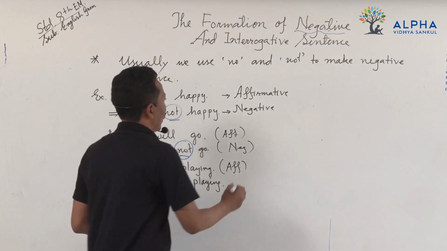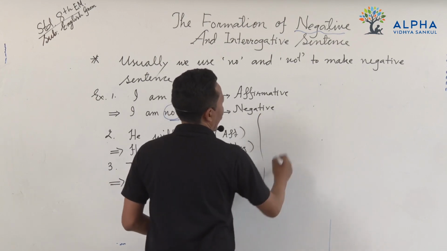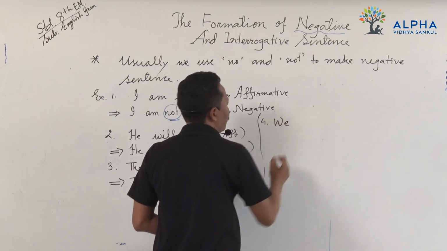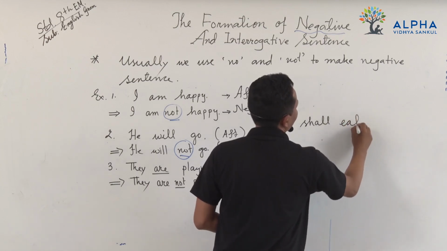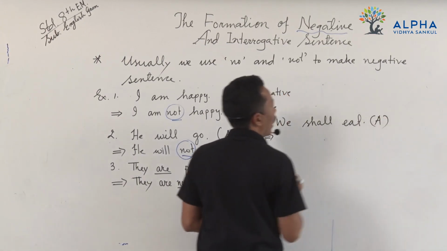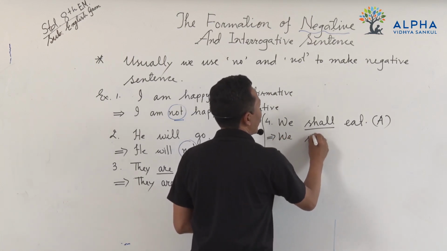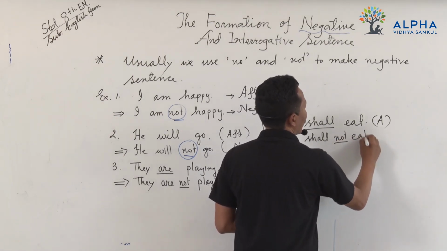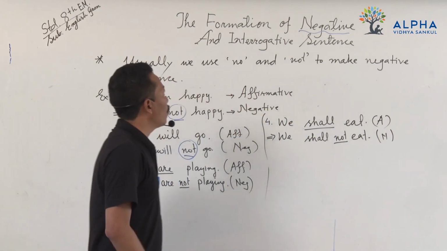And this is the negative sentence. And we can do many examples like this. This is number 4: We sell it. This is affirmative. And the auxiliary verb is here. We sell not it. And now it becomes negative. So it is a very easy way to form negative from affirmative.